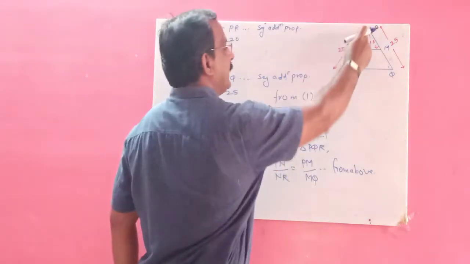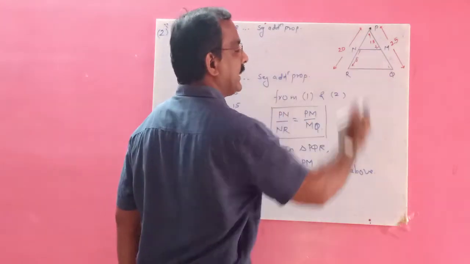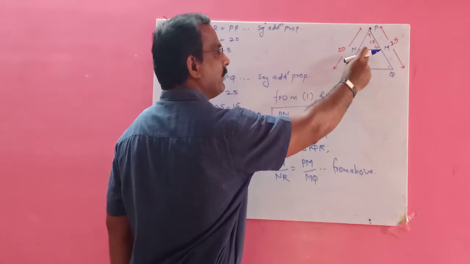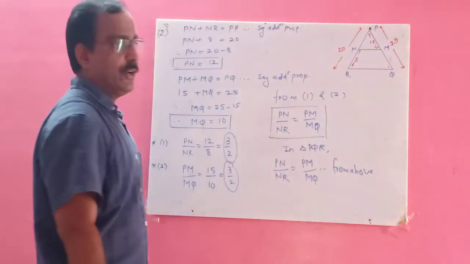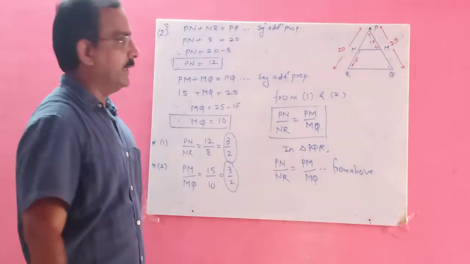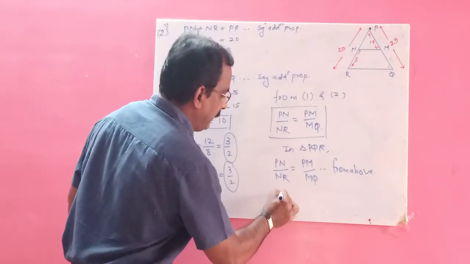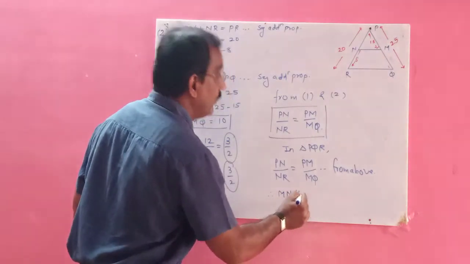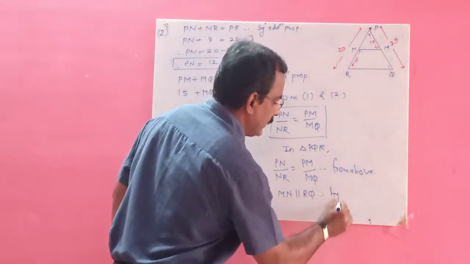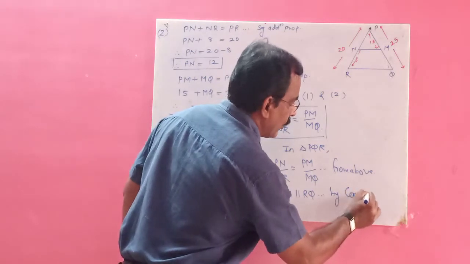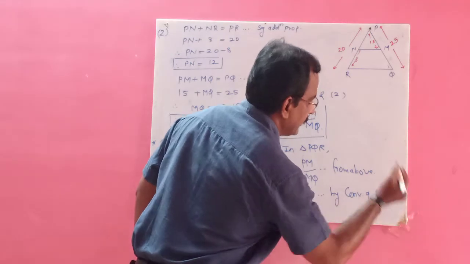So if in a triangle a line divides two sides in equal ratio, then what can you say about that line? This line becomes parallel to this by converse of basic proportionality theorem. So directly we write, therefore we can say that MN is parallel to side RQ by converse of basic proportionality theorem.